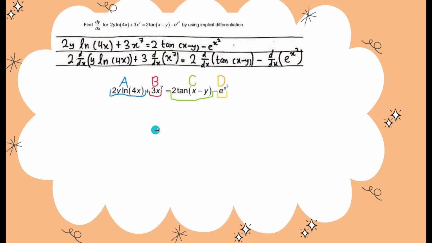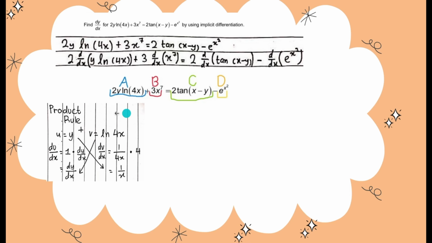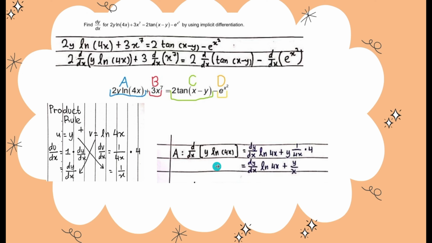For part A, we're going to use the product rule. Our u is y, and our v is natural logarithm of 4x. After differentiating y times natural logarithm of 4x, we get dy over dx natural logarithm of 4x plus y over x.